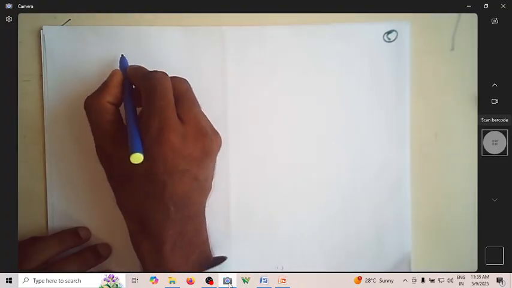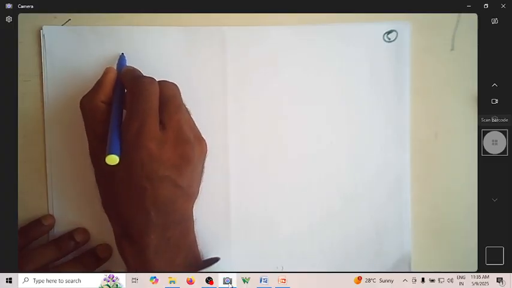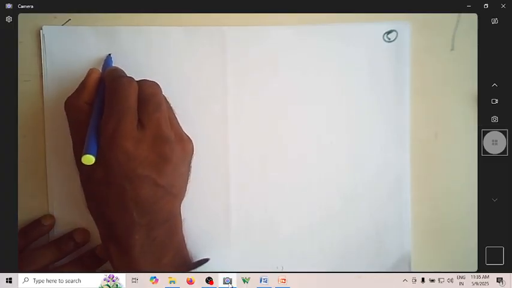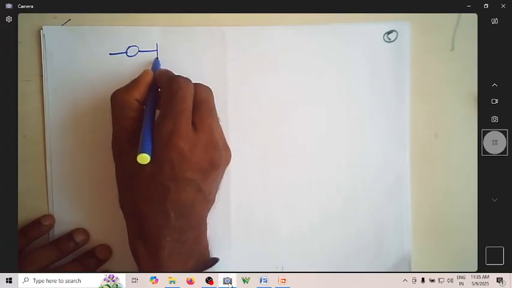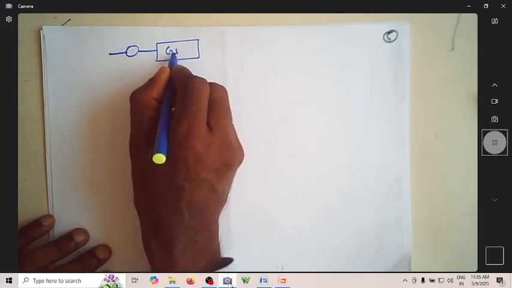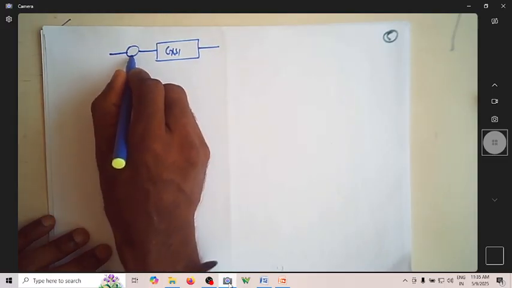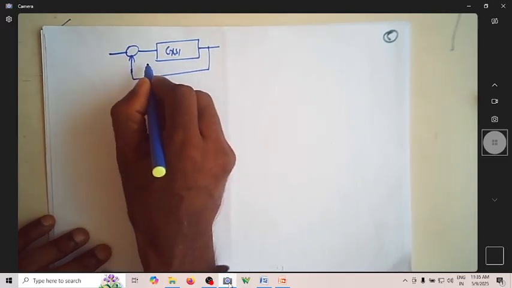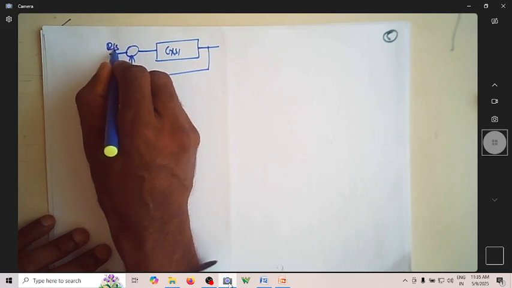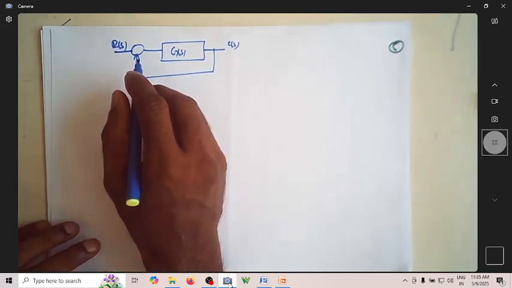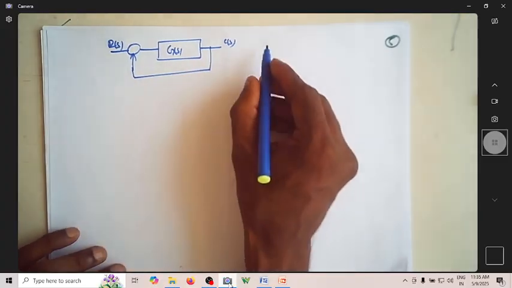So now we shall consider the transfer function block diagram with G(s) as a forward path and with a unity feedback. This is R(s) and C(s). So we are asked to find the stability of the system.